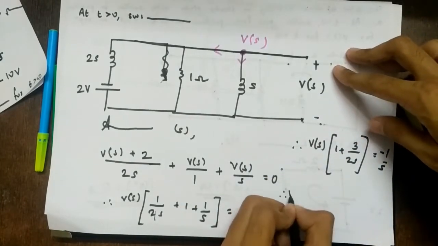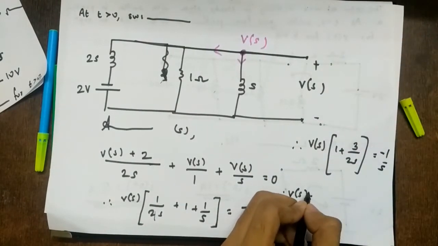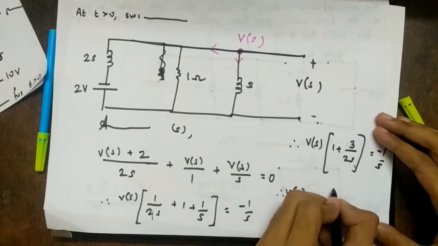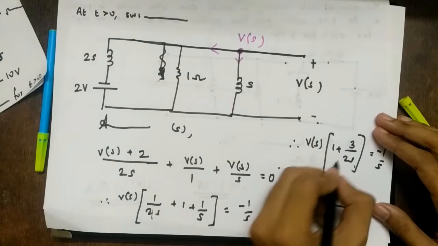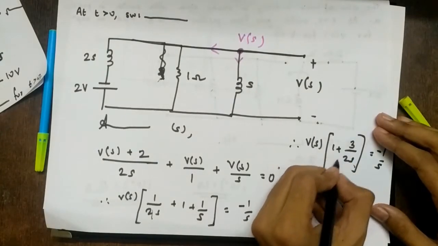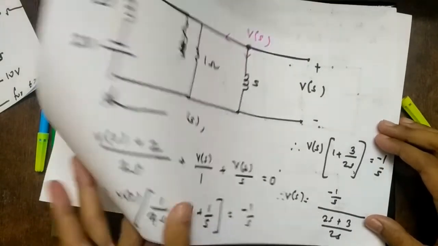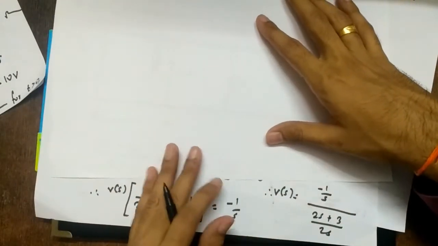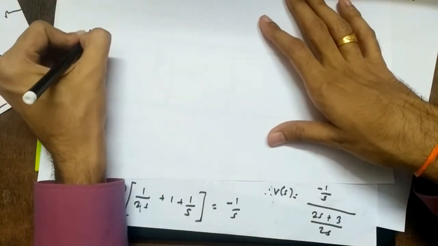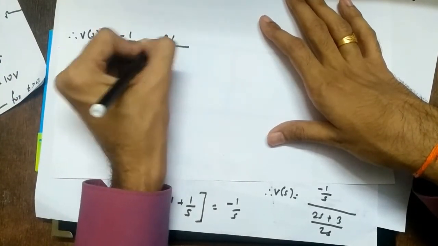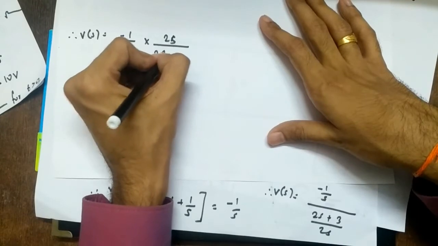Right? So what will be V(s)? If you take the LCM, it will become minus 1 upon s upon (2s plus 3) upon 2s. So V(s) equals minus 1 upon s into 2s upon 2s plus 3, so minus 2 upon 2s plus 3.